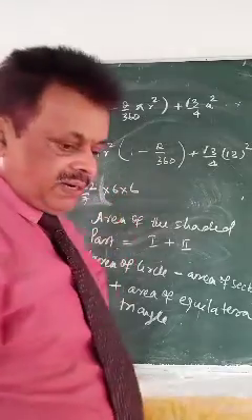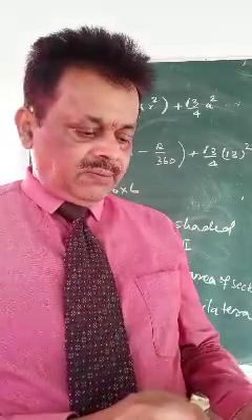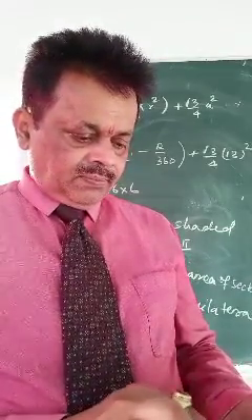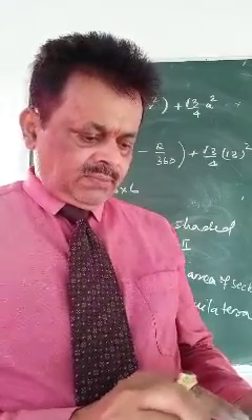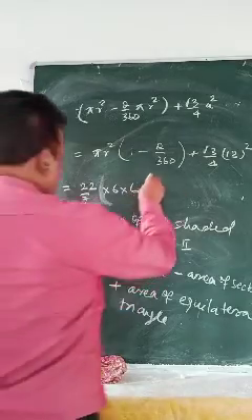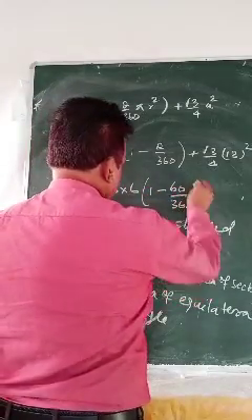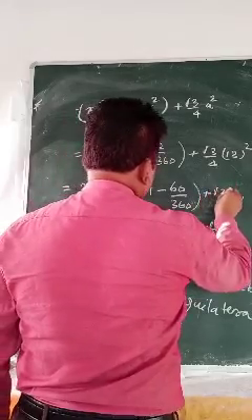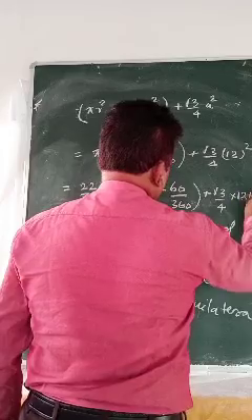Let's check if pi is given to us. If pi is given, then you have to use the pi value. Not given, so it doesn't matter. Then into 1 minus 60 by 360, plus root 3 by 4 into 12 into 12.